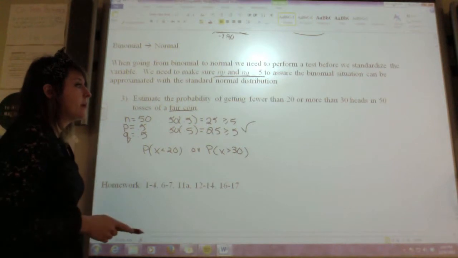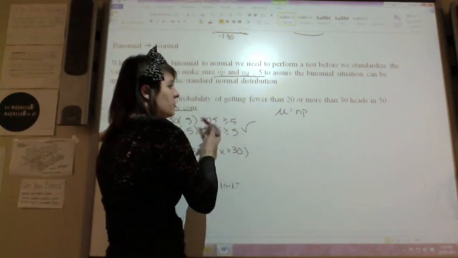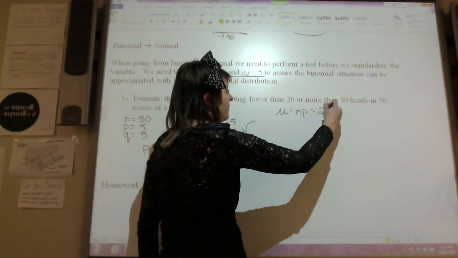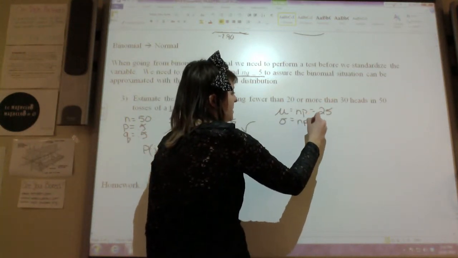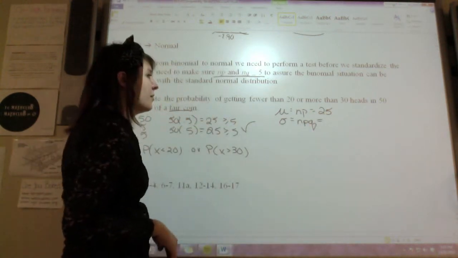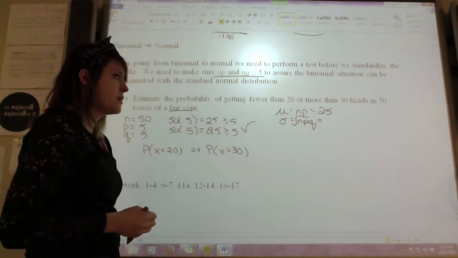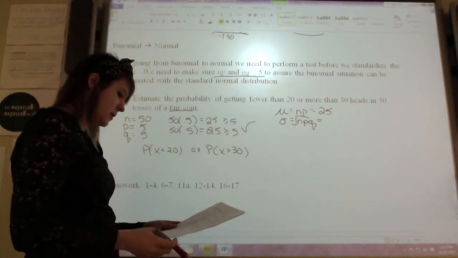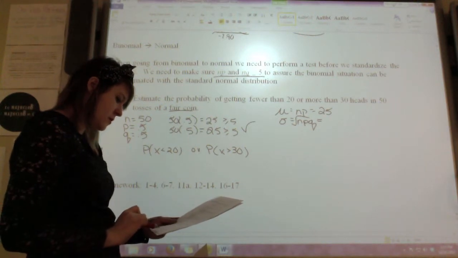Remember that in a binomial situation, the mean is n times p, which we've already found is 25, and the standard deviation is the square root of n times p times q, which in this case is 3.54.